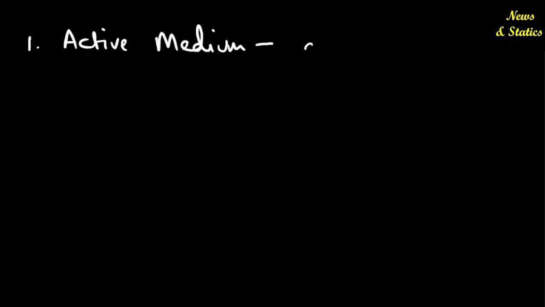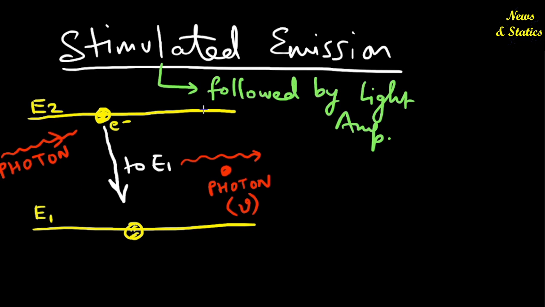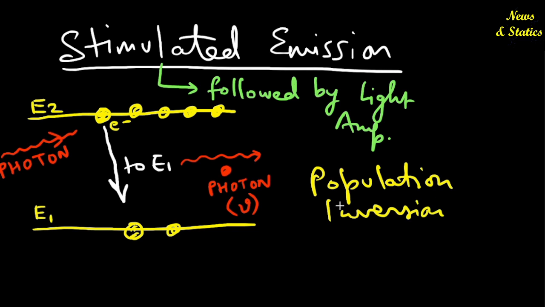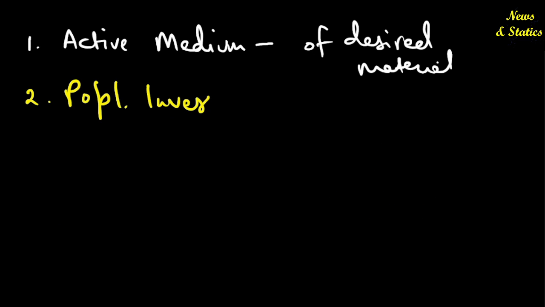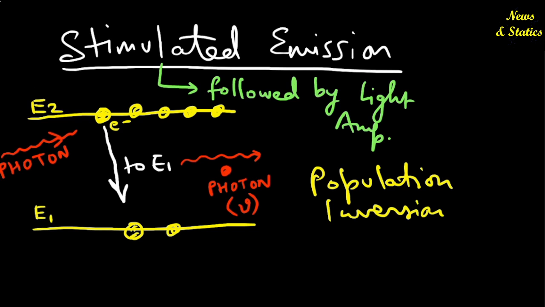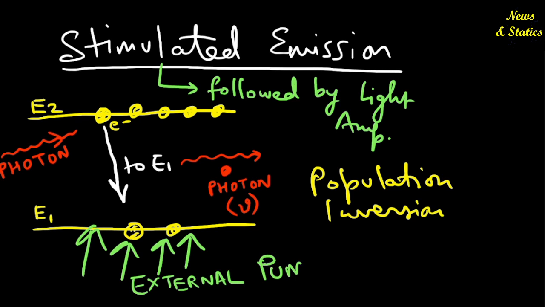Secondly, there must be more electrons in the E2 level than in E1 level, a phenomenon known as population inversion. And thirdly, in order to have this population inversion, we need to provide some external energy to push the electrons from E1 to E2 artificially. If we do that, only then the incoming photons will be able to knock down these E2 electrons to E1.